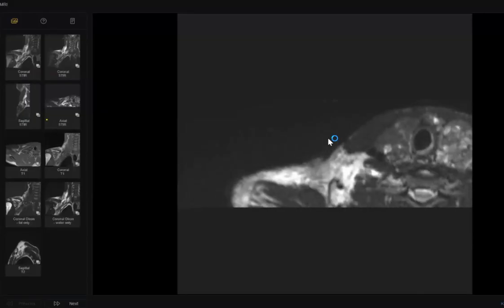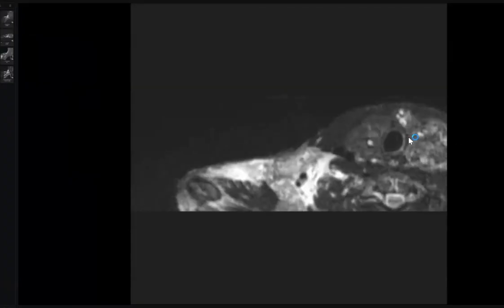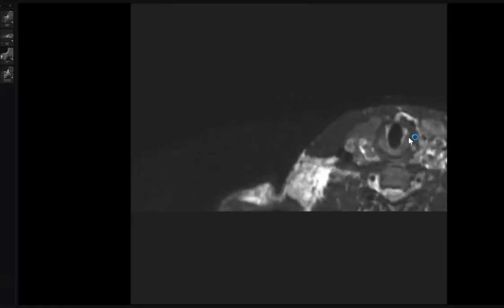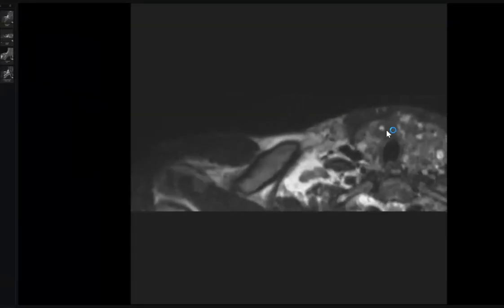Look here. Look at this slice. What happened? Yes, there is replacement of the tissue by fat. We finish this point. Look here. What is this? Follow this one.